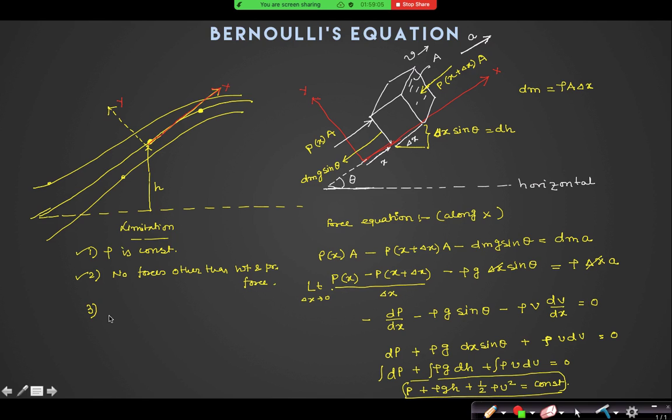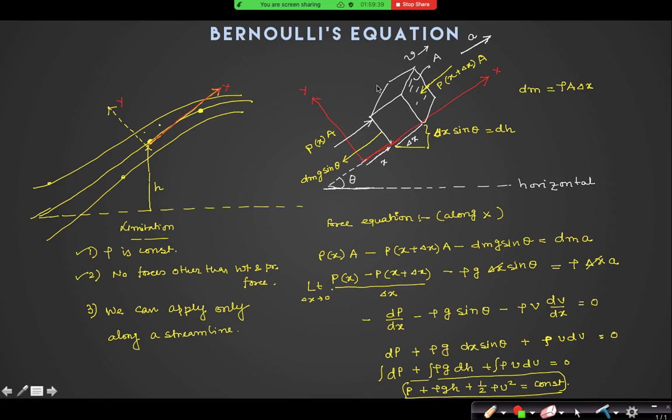Sir, suppose I take another point, what is the problem? Okay, I will tell you. We can apply it only along a streamline. Look, if you apply Bernoulli's equation between this point and any other point, there is a vertical displacement also.